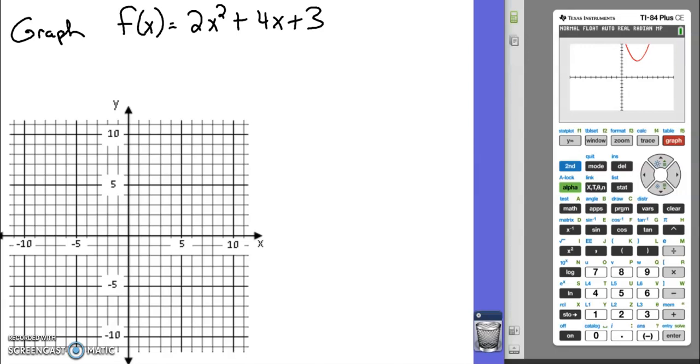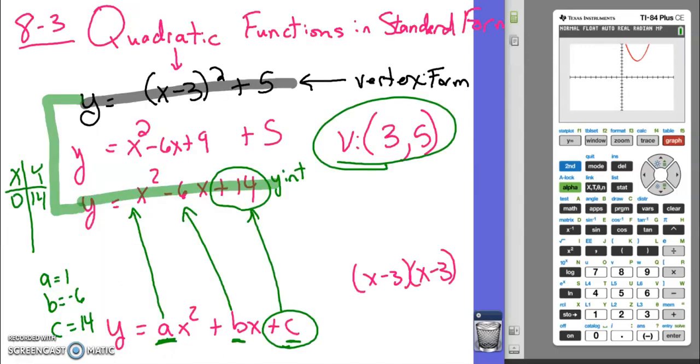Now, one of the things I want you to notice with standard form, if we go back to this equation, is that you want to try to find the axis of symmetry. The axis of symmetry, if you remember, is the middle of the parabola. And there's a formula: x equals negative b over 2a.